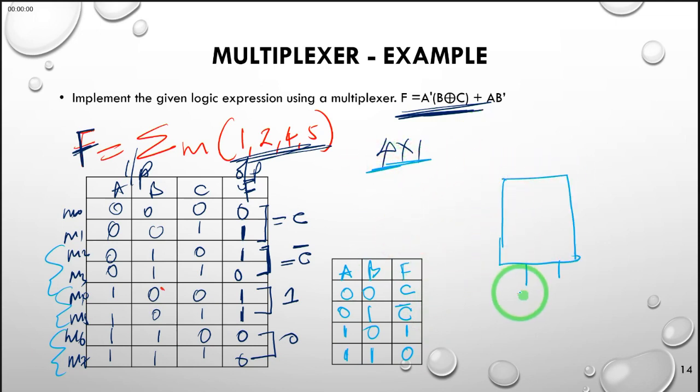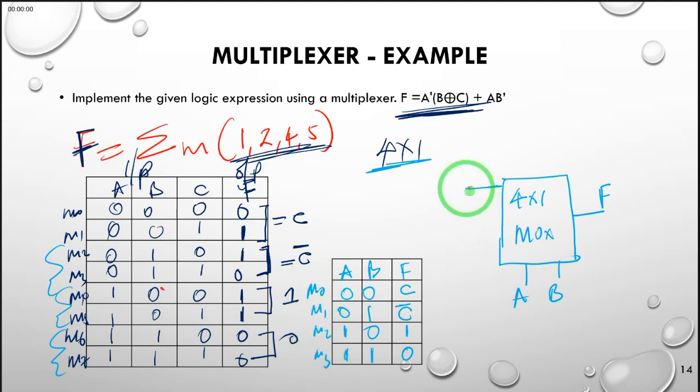by simply saying that our two select lines are going to be A, B, our output is F, and therefore our inputs are going to be as follows. If we call this minterm 0, minterm 1, minterm 2, and minterm 3, therefore for minterm 0, the input is C. For minterm 1, the input is the inverse of C, which is simply inverted C. For minterm 2, the input is a 1.